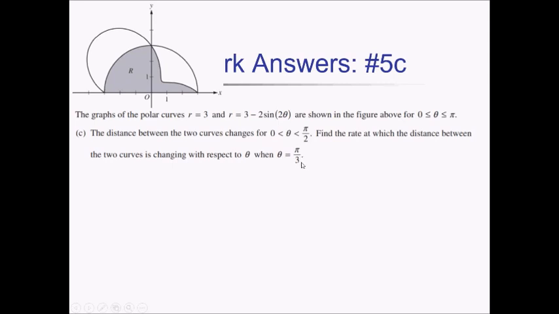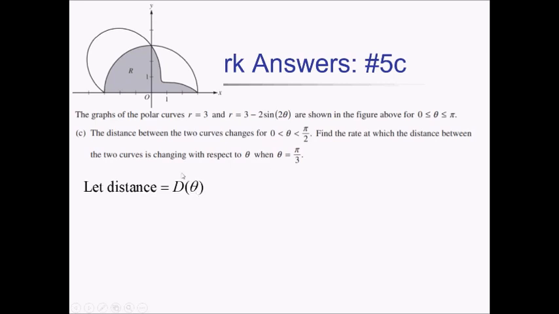The good news is that if you took the distance from the origin to each curve and subtracted those, that would give you the distance between the two curves, because they're both lined up at the same angles with respect to the origin. So I'm going to start by writing a function that gives me the distance between the two curves, and then I'll figure out the rate at which it's changing at pi over 3.